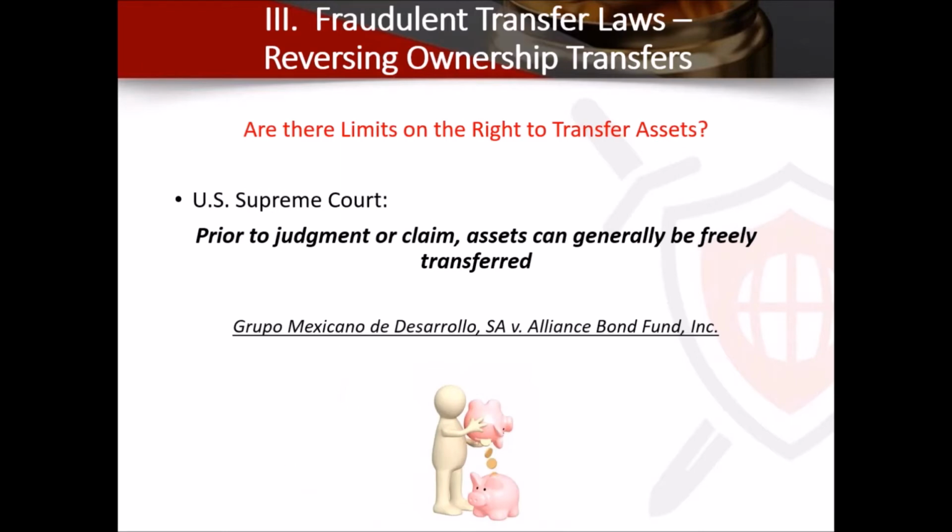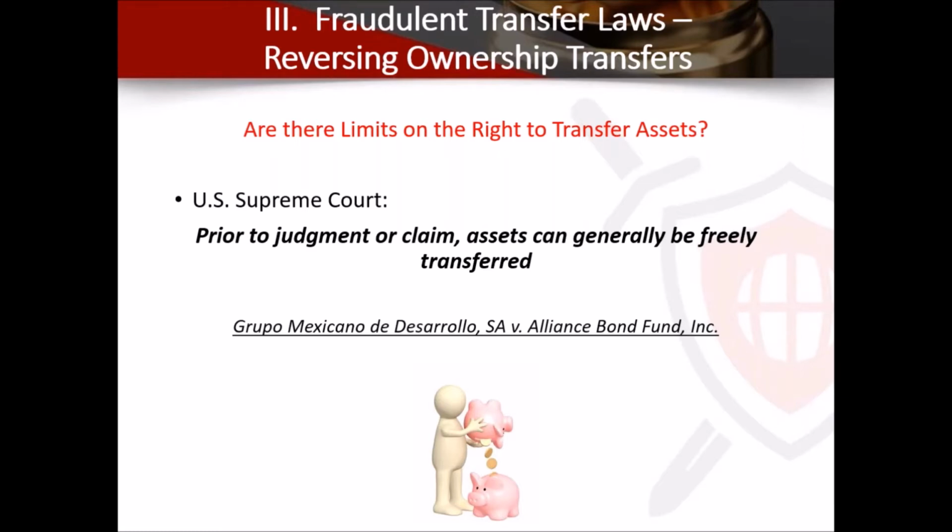The general rule, very, very few, even lawyers, understand this general rule, is, until someone has a judgment against you, you can transfer whatever you want. You are not bound by anything that stops you from moving your assets around. What the fraudulent transfer rule does is it allows the creditor to go and get the asset from whoever you sent it to.